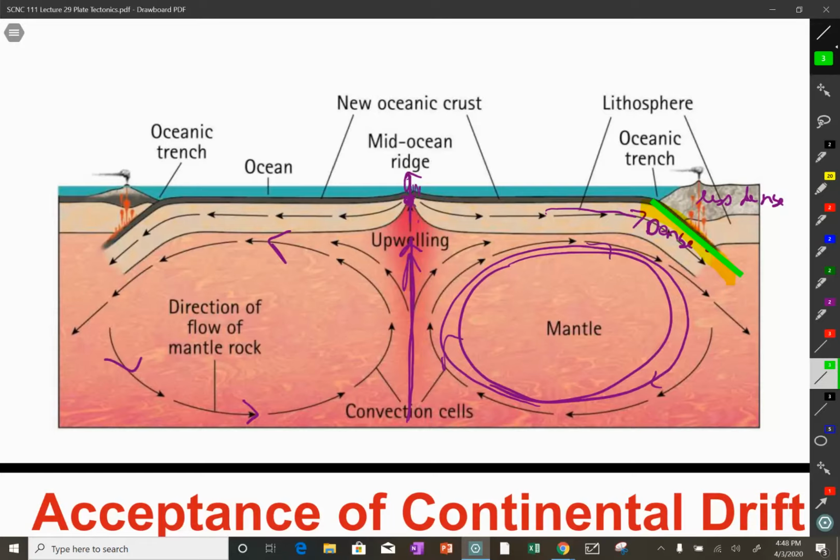And when you have rock grinding on rock, it's no different than when you have your hand rubbing on a rug. It gets hot. And so it melts rock. And so if you look in this picture, we have molten rock flowing up. We have molten rock made by the grinding that then floats up and makes volcanoes.